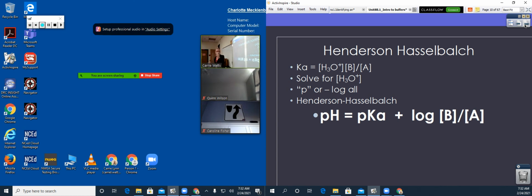We can solve for it. But what you're going to do is use this equation here, which is pH is equal to the pKa plus the log of the concentration of the base over the concentration of the acid. And let me just make that clear, that's the log of the whole thing, not just the base.